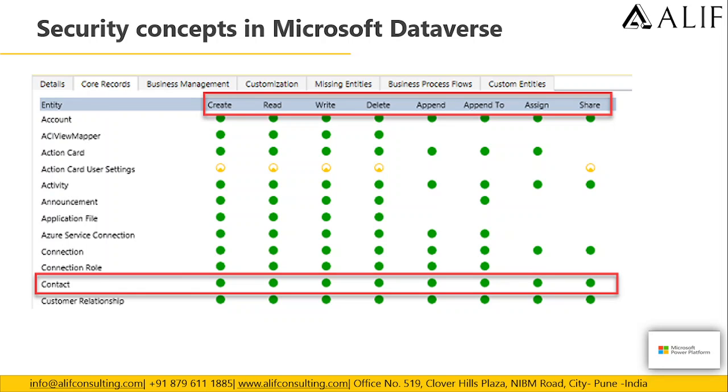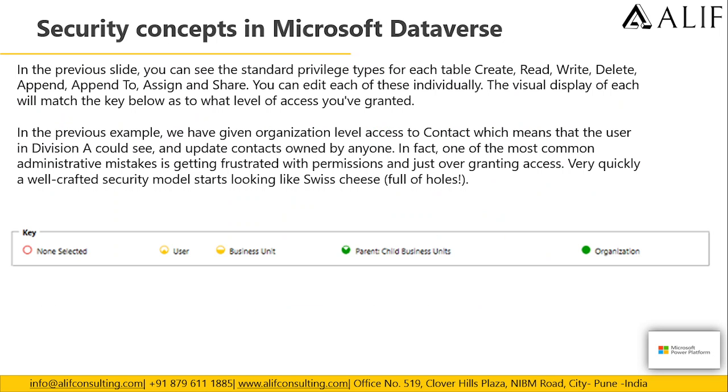And the privileges that you see are create, read, write, delete, append to, assign and share. And within each privilege you have access levels. So access levels are either none, user level, business unit level, parent child business unit level, or organization level. So this is the table structure, that is the designer for security role within Microsoft Dataverse.